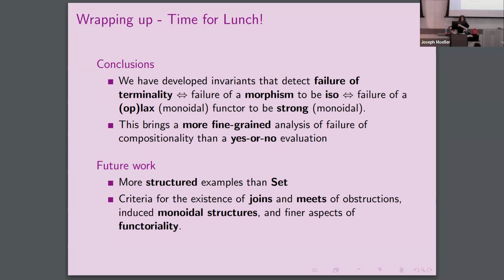So what we're looking for in the future is more structured examples and just Set that hopefully have manageable combinatorics. And in a longer paper, we're also working on criteria for the existence of joins and meets of abstractions, induced monoidal structure on the posets, and more on functoriality. And that's it.